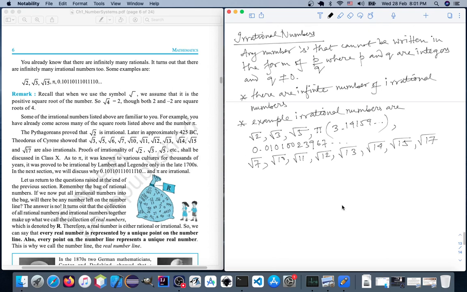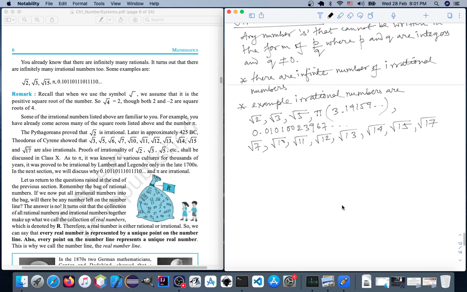Okay. So it says that let us return to the question raised at the end of the previous section. Remember the bag of rational numbers. If we now put all irrational numbers into the bag, will there be any number left on the number line? So in the number line we have rational numbers and irrational numbers.